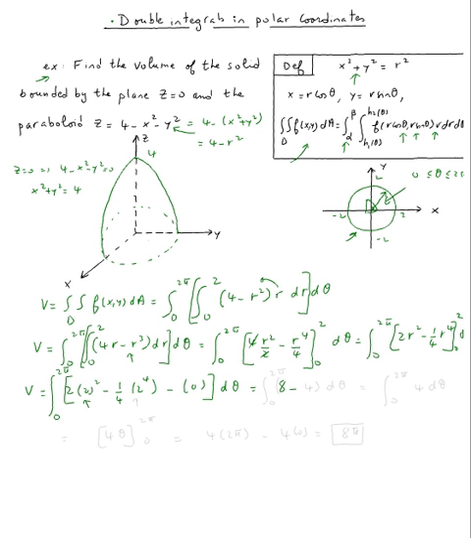So 8 minus 16 over 4 is 4, d theta from 0 to 2 pi. Integral from 0 to 2 pi, 8 minus 4 is 4 d theta, which is equal to 4 theta between 0 and 2 pi. Plug in the 2 pi and a 0, you'll get 8 pi. And that's it for this example.